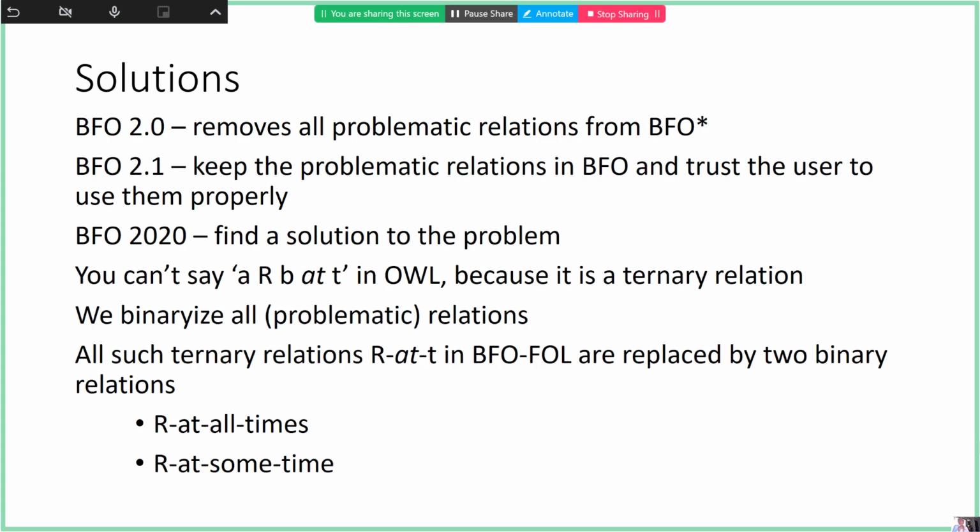All right, so there are various solutions. BFO 2.0 was the first ontology which was correct. It didn't cause the problem. The problem is that it was very weak because we just removed all the problematic relations. And people didn't like that. BFO 2.1 puts the problematic relations back in with warnings. And it's recommended of the reader that they realize that they are taking a certain risk in using these relations.